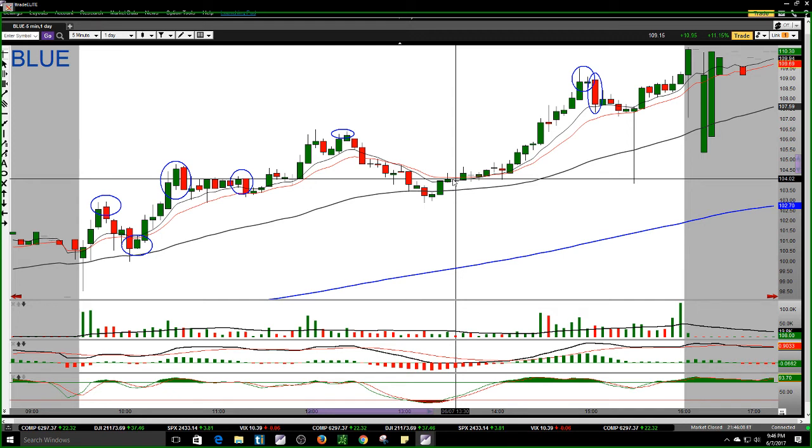That's okay. I'm not worried about it. I'm not putting so much emphasis on every single candle that it makes me a continuation trader.